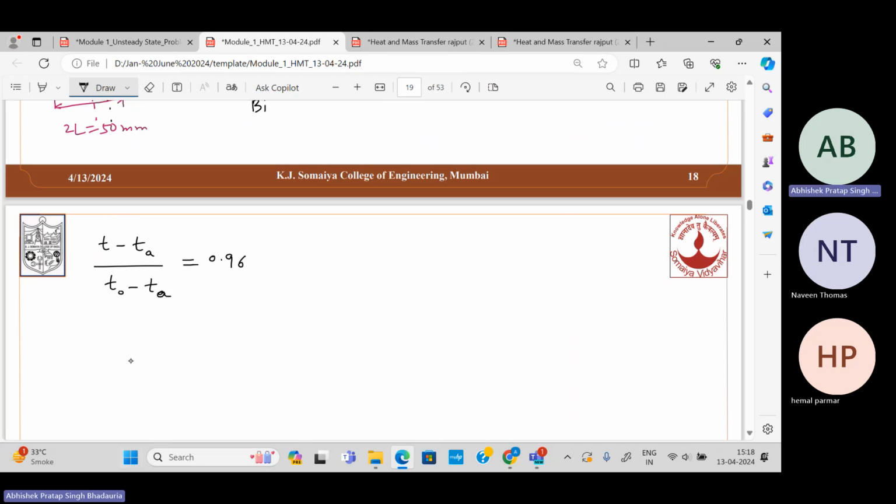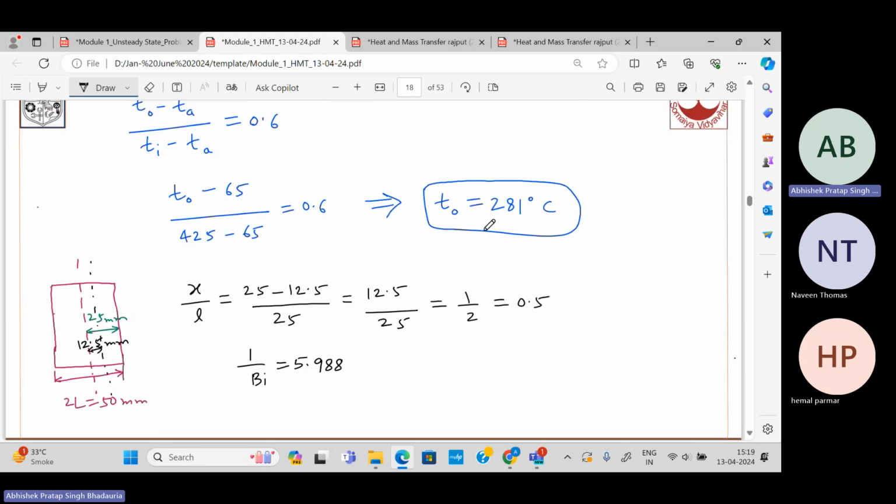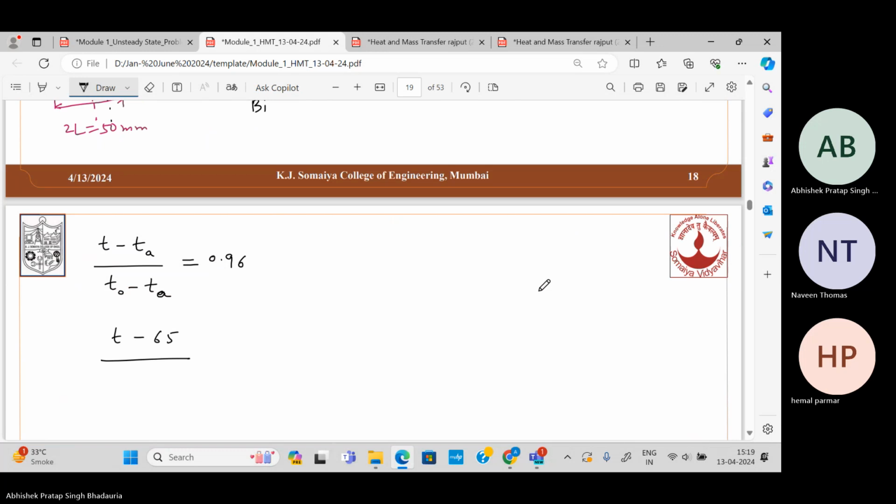Okay, so we can find (T minus TA) divided by (T naught minus TA) is 0.96. The T naught value is 281 that we have calculated, so 281 minus TA 65.